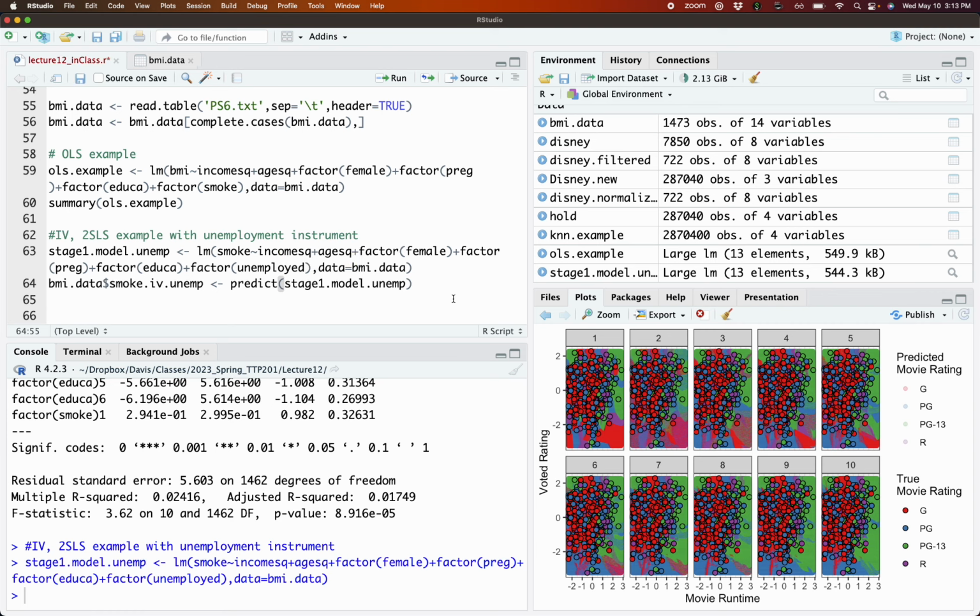So what we do then is we generate a new variable called smoke that has gone through the first stage model, where we're just predicting on that model. And then we're going to rerun our original linear regression, except we're going to change this factor into whatever was predicted from here.